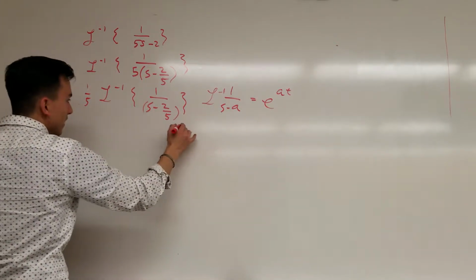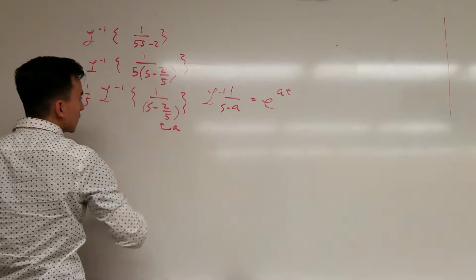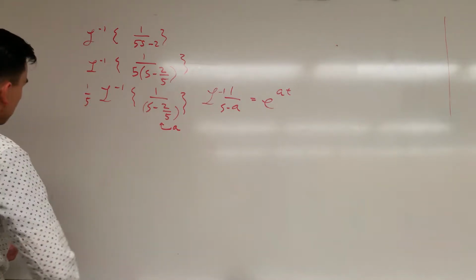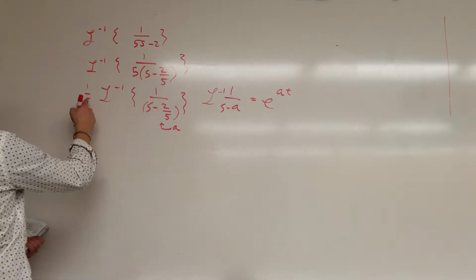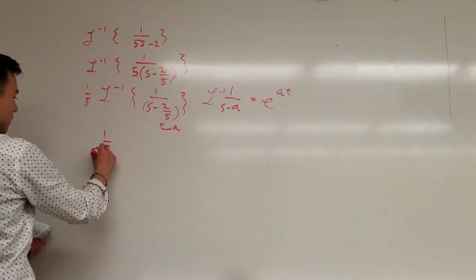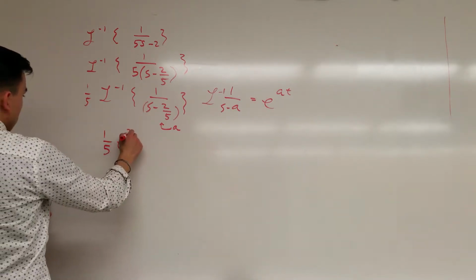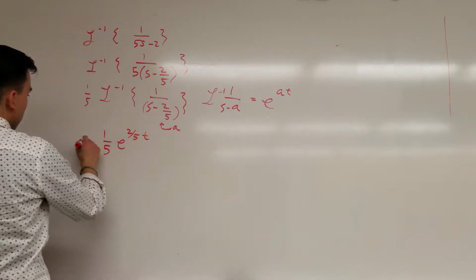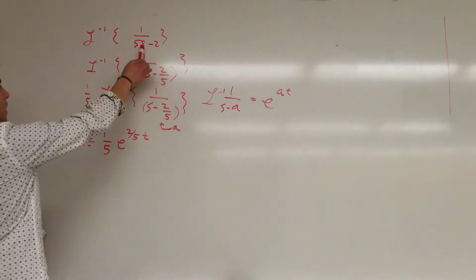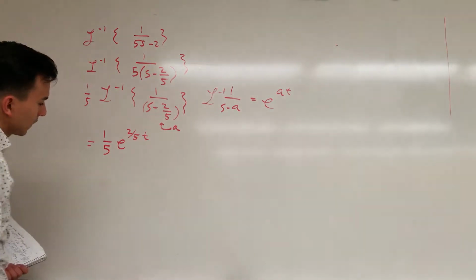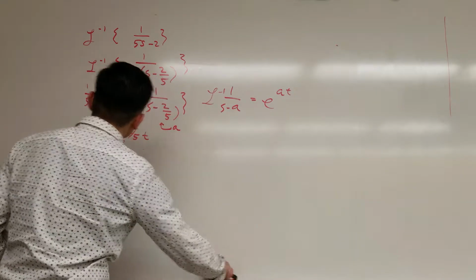So in this case, my a is that 2 over 5. Okay, so now I have this 1/5 e to the 2/5 t. Great, and so that's the inverse Laplace of that function. Notice I went from having an s to a t. Great.